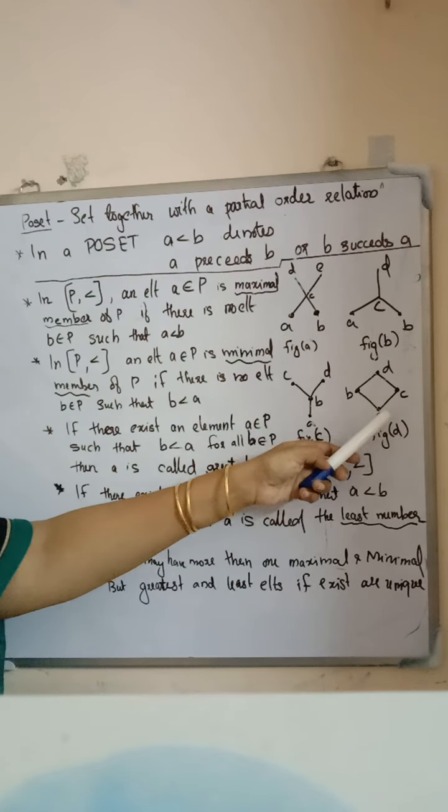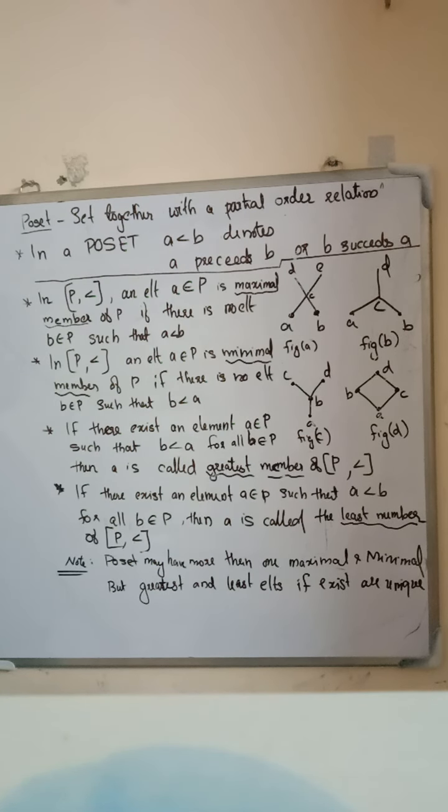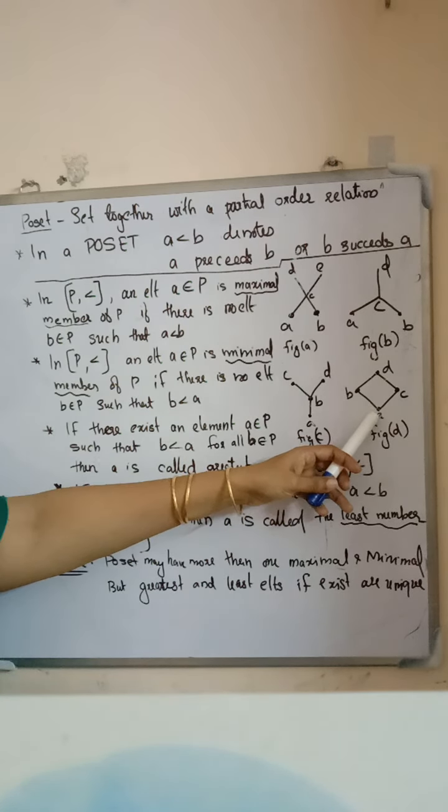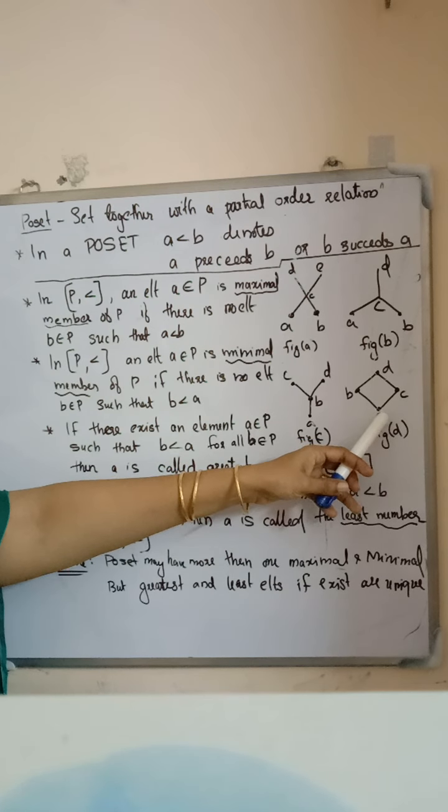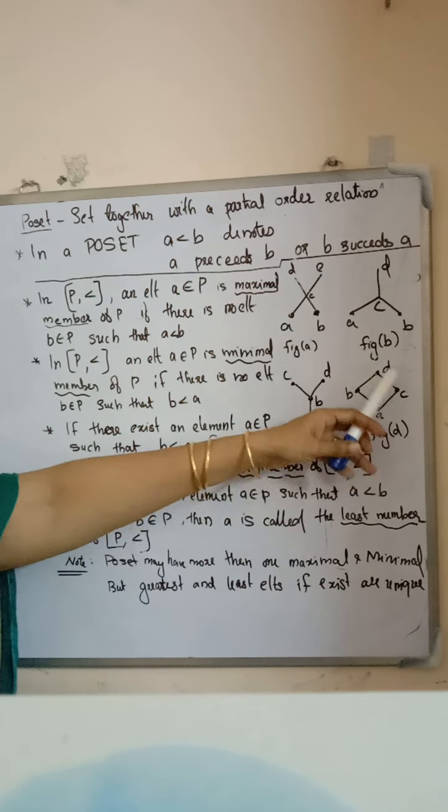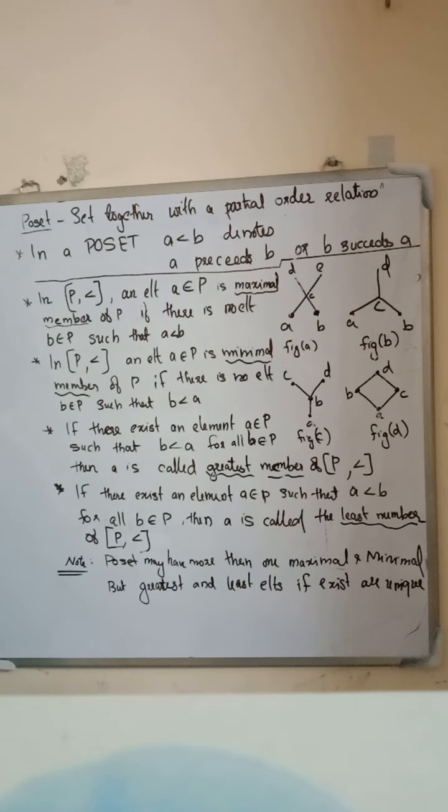Also in figure D, A is the least member because A is the predecessor of all other elements in the poset. Maximal or minimal elements definitely exist, and a poset may have more than one maximal or minimal element.